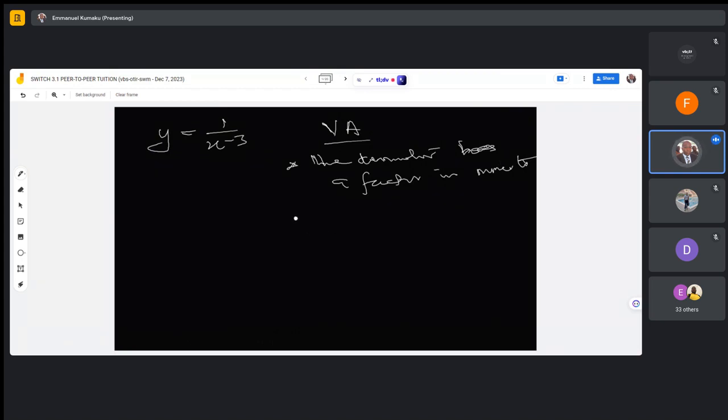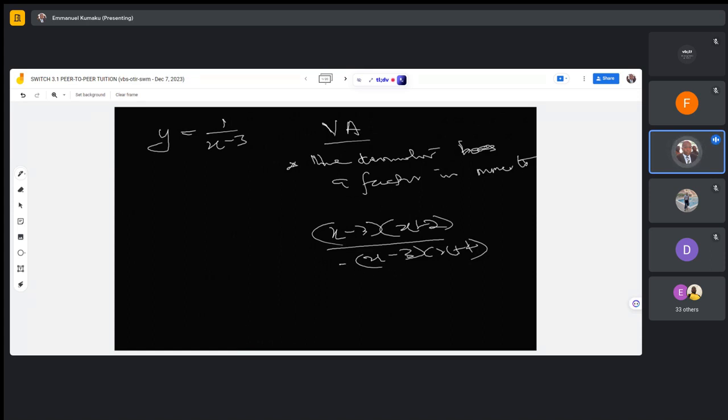What I mean is that, for example, if this question was given as x minus 3, x plus 2, all over x minus 3, x plus 4, we can see that the denominator has a factor in the numerator.